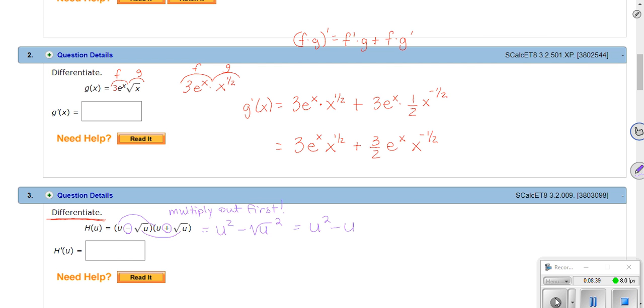So to find the derivative, h prime of u would equal 2u minus 1. Okay, 2u minus 1. Okay, let's do number 4.